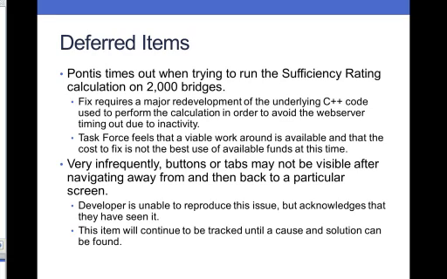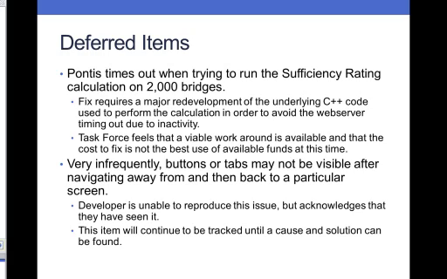We've done a number of internal tests here at InspectTech. The sufficiency rating calculation uses some of the original C++ code, and because of that and the way it's called from the new version, if you're trying to run a sufficiency rating calculation across 20,000 bridges at one time, it takes a very long time and will time out in the software.